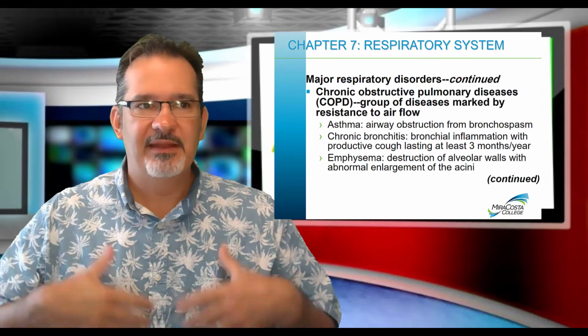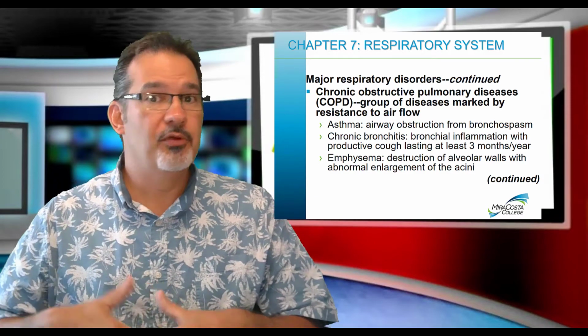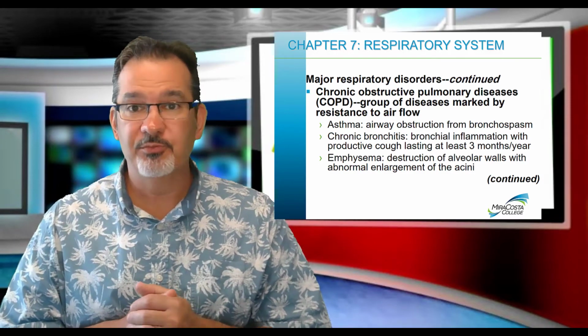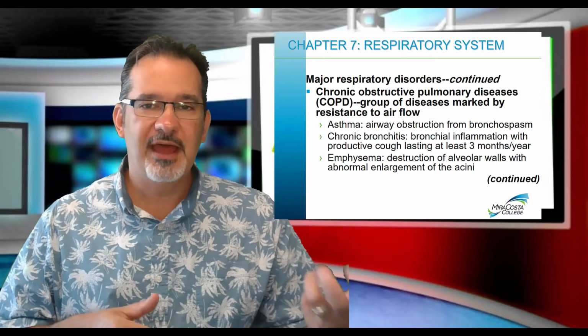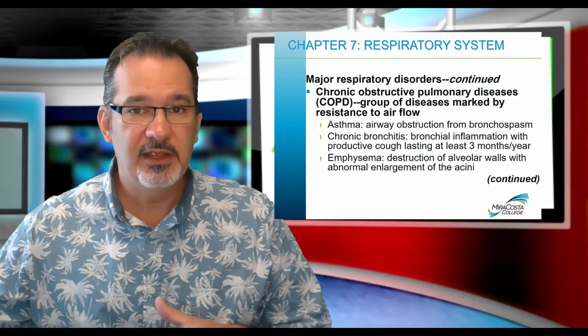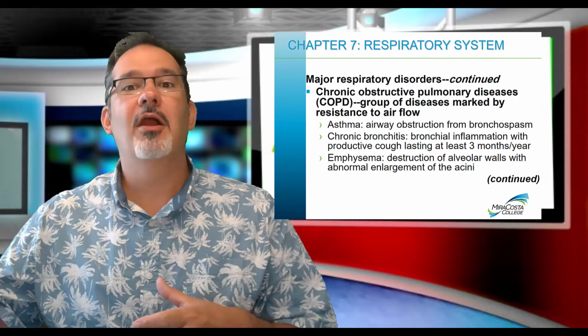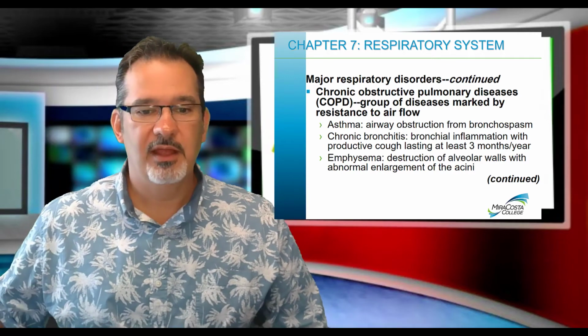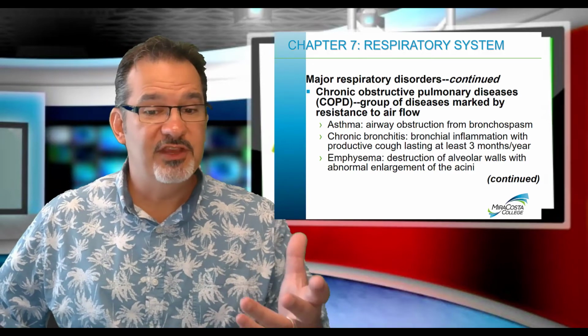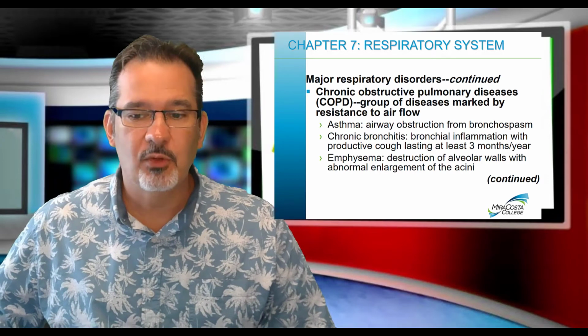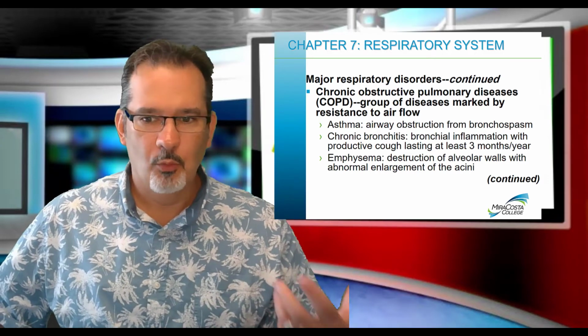Maybe something that exacerbates or promotes them having really serious breathing issues. You could have acute bronchitis accompanying somebody's chronic bronchitis. Okay, emphysema, destruction of the alveolar cells or walls.